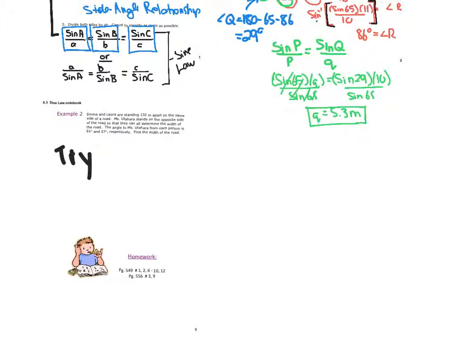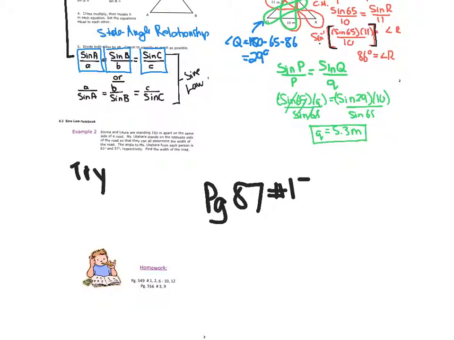The homework for today is page 87, numbers 1 to 3, alternate, 5A, 6A, and 7. So today is the first day you're going to get to work Sine Law. Again tomorrow, I have a worksheet for you guys to get extra practice on that. Have a great day, guys.